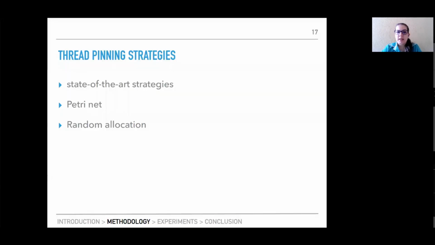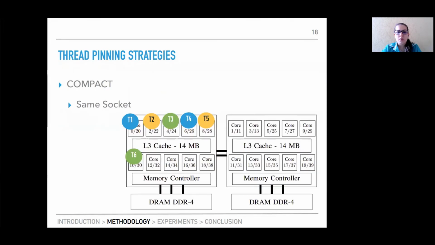We analyzed 5 well-known thread pinning strategies that are used in our experiments. They include a processing core allocation mechanism to support the thread scheduling and the data allocation across NUMA sockets, and the random allocation strategy. First strategy is compact.